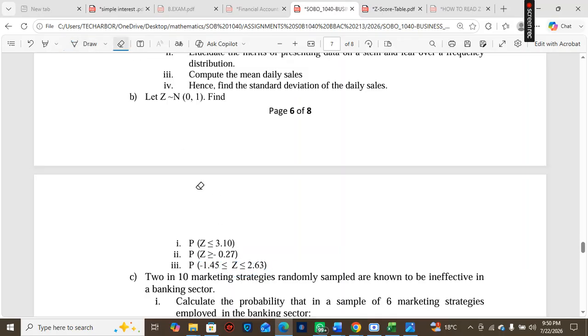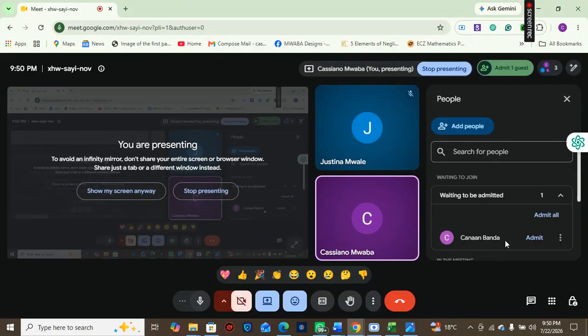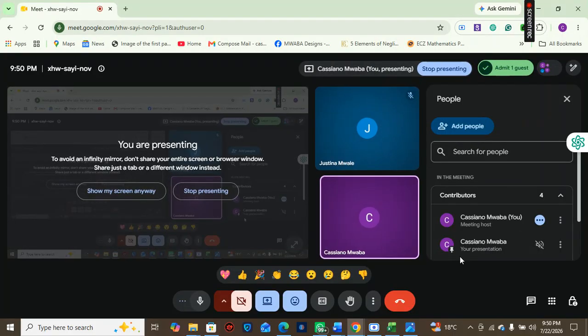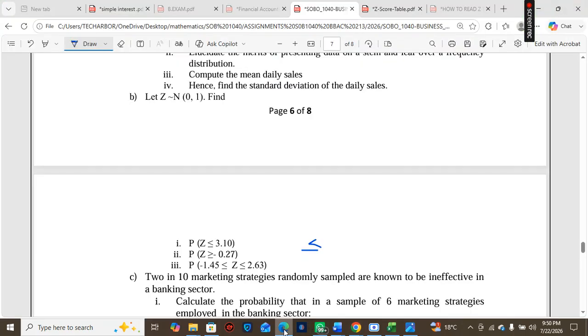If both signs are pointing to the left, just get the area to the left for both figures and just subtract. So this is how we're going to do it. Get the area to the left for both.